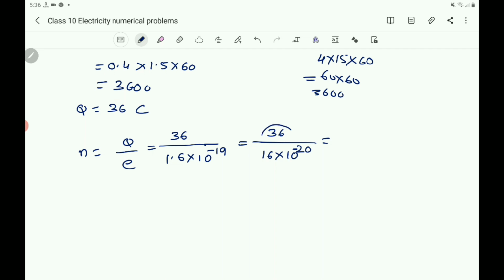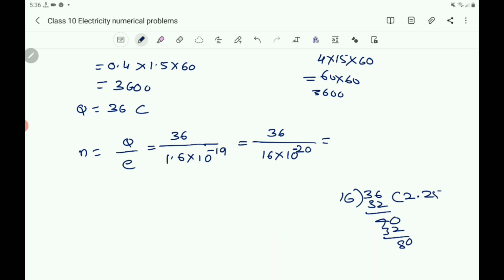Then you divide 36 by 16. So write 36 divided by 16. 16 2s are 32, 6 minus 2 is 4. Put the point, 16 2s are 32, 8.